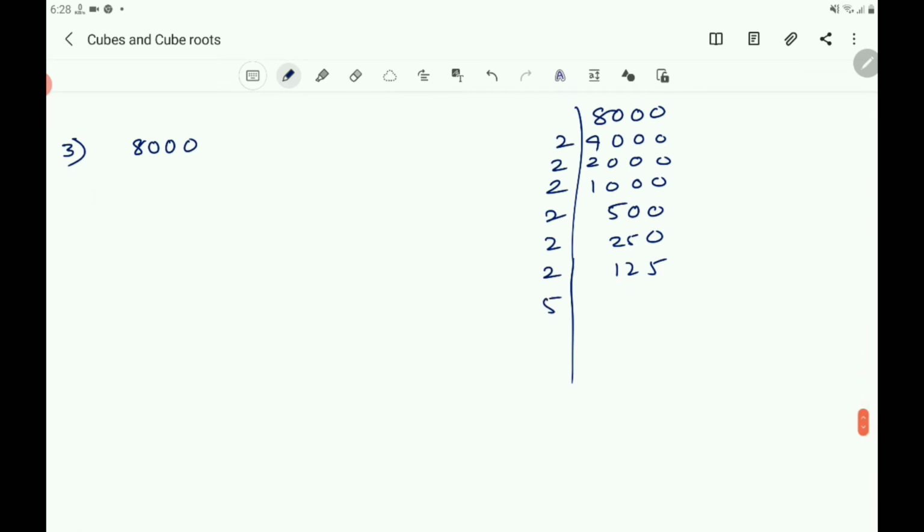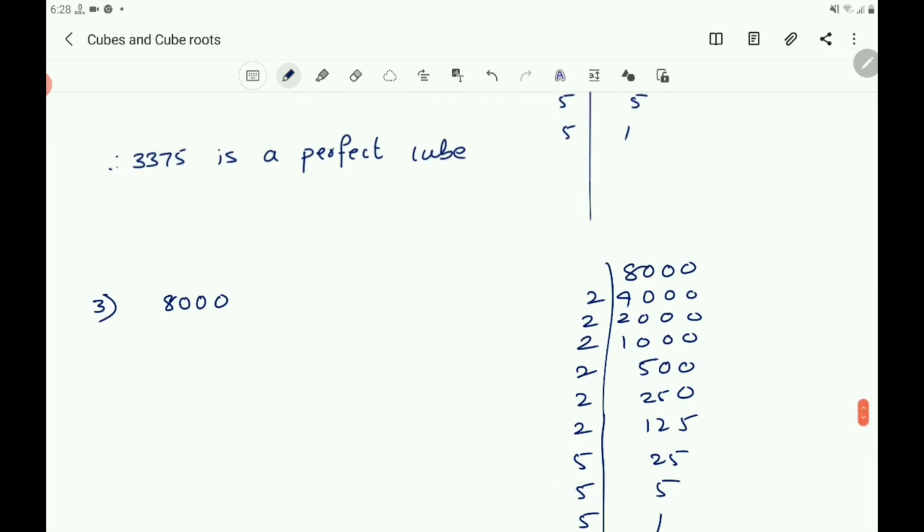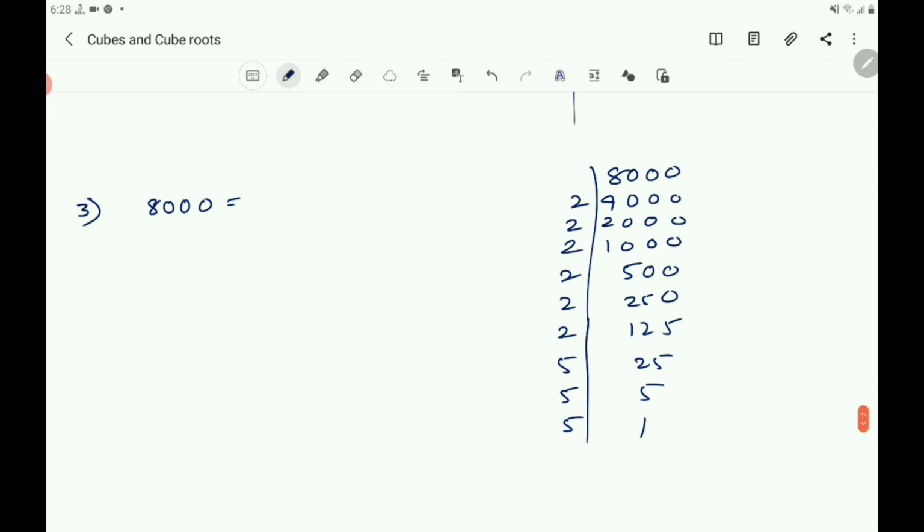You divide it by 5: 5 25s are 125, 5 5s are 25, 5 1s are 5. Then it equals how many times? 1, 2, 3, 4, 5, 6. 2 is written 6 times, and 5 is written 3 times. And make the groups of 3. So you got perfect triplets here.